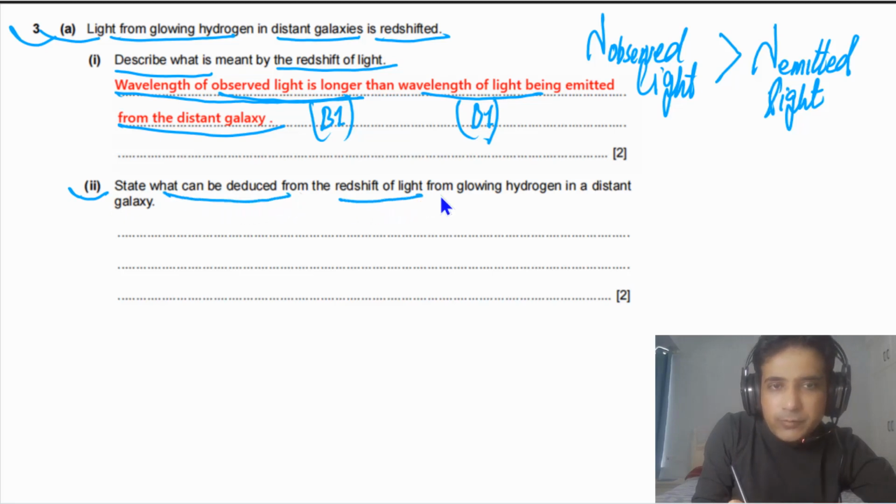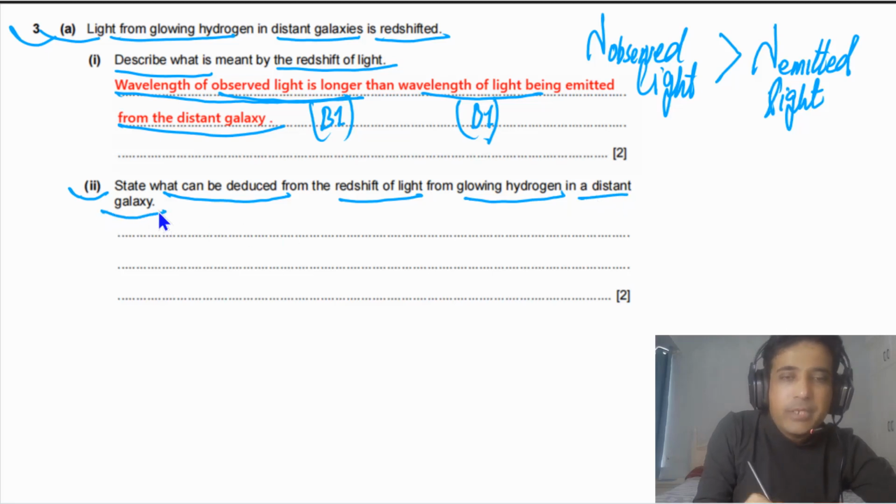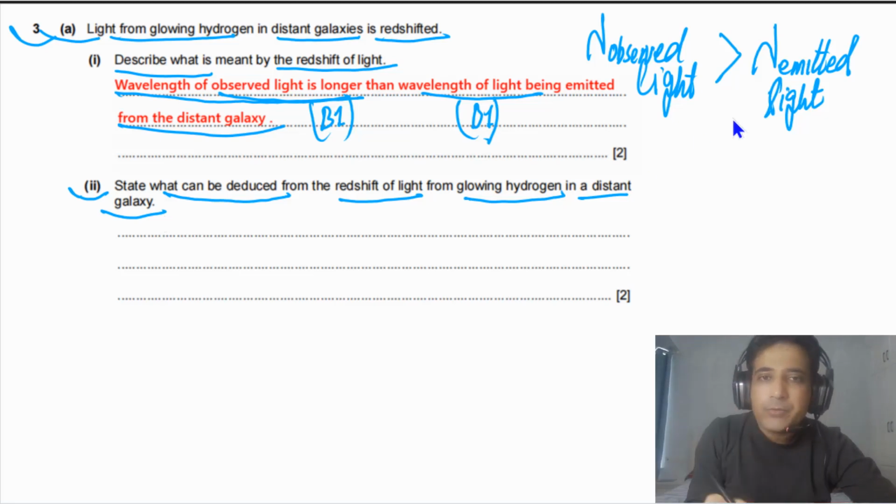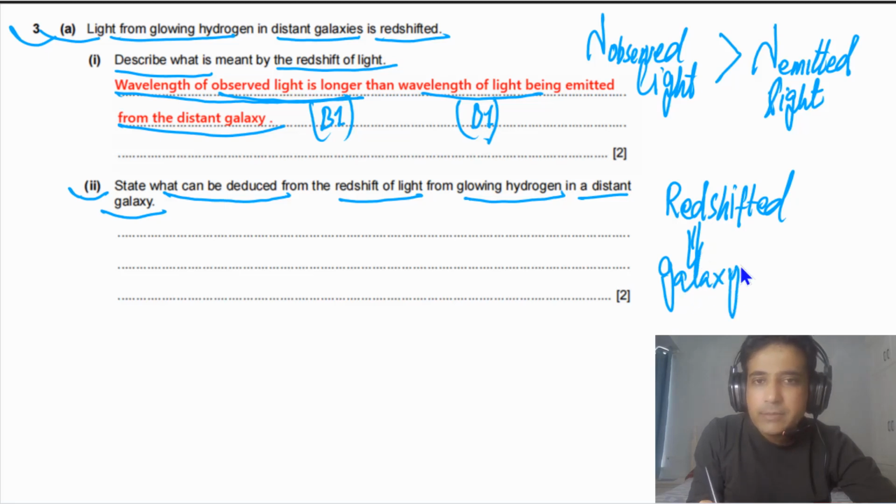Now, if we go to the second part, we need to state what can be deduced from the redshift of light from glowing hydrogen in a distant galaxy. So as light is redshifted, it simply means that the distant galaxy is moving away.